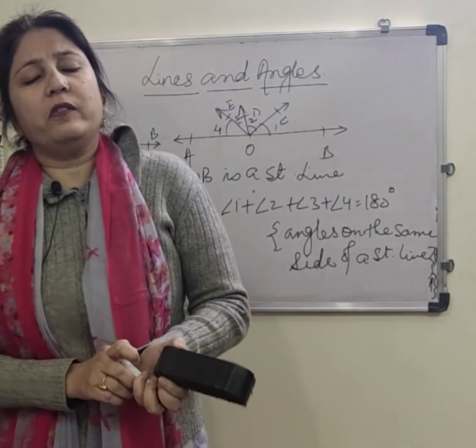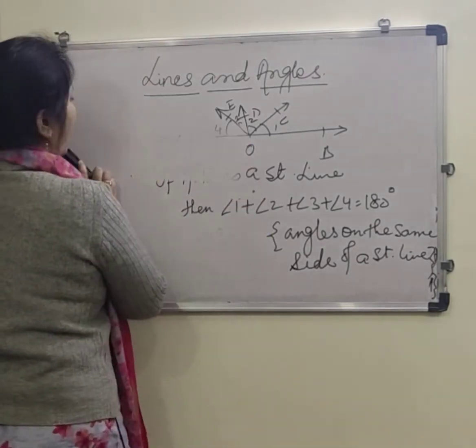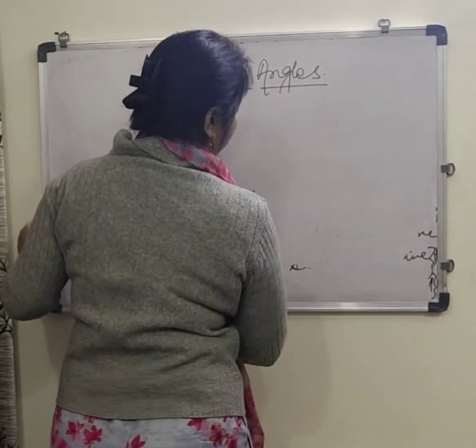Coming to the last concept, angles around a point. What is the sum of angles around a point?